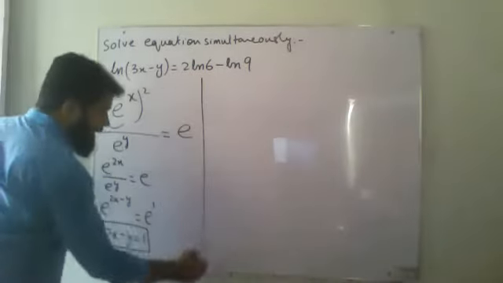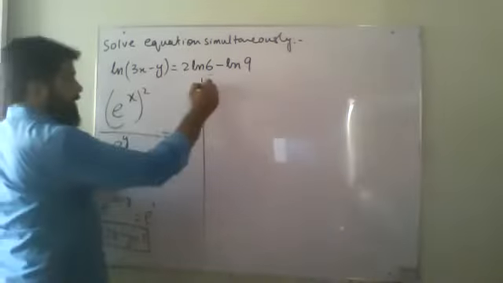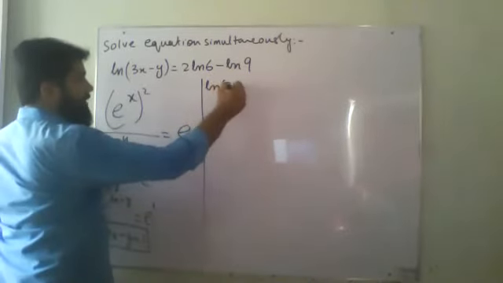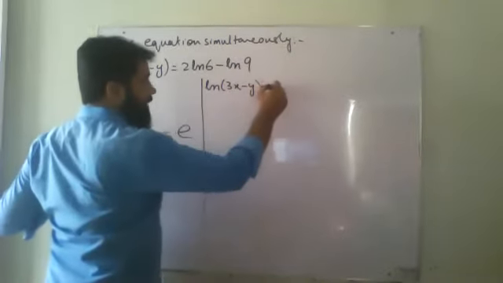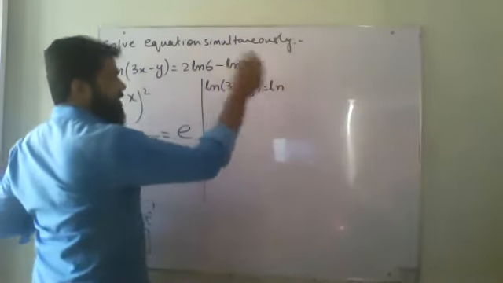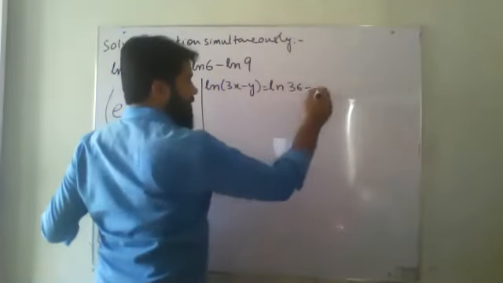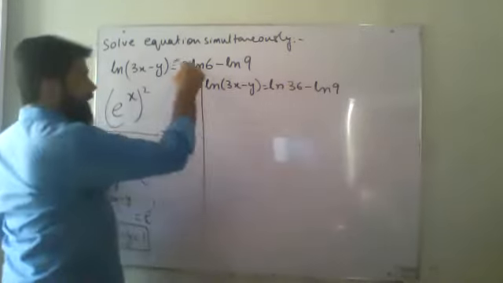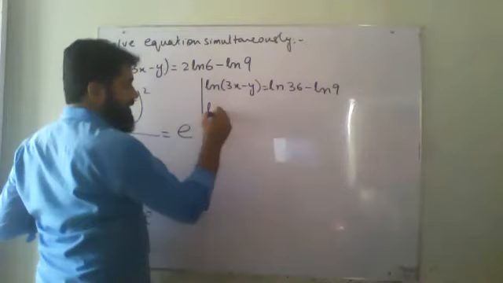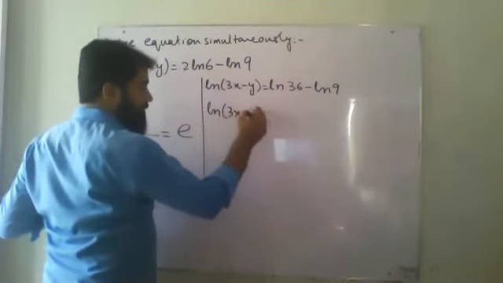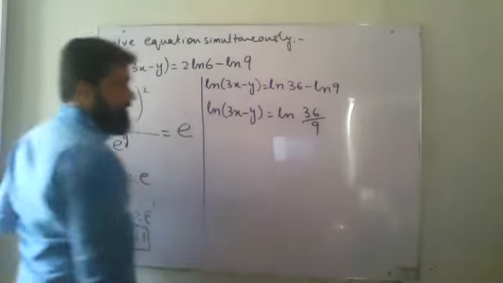Now, for my second equation, what will I do? ln 3x minus y, 2 will be shifted over here, so it will become ln 36 minus ln 9. 2 I have shifted over here. This will become 6 square. 6 square will be 36. ln 3x minus y equals to ln 36 over 9.